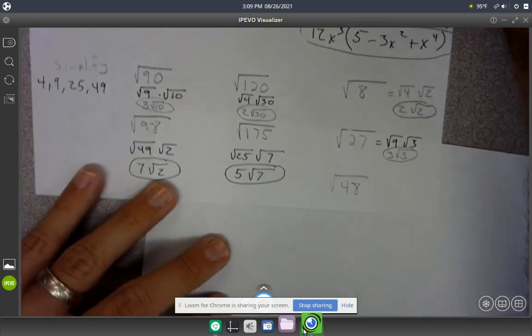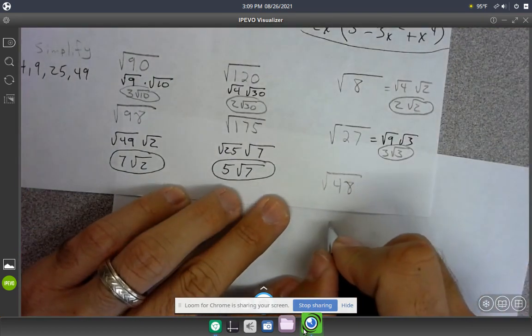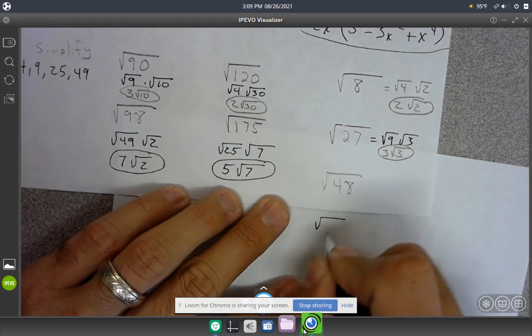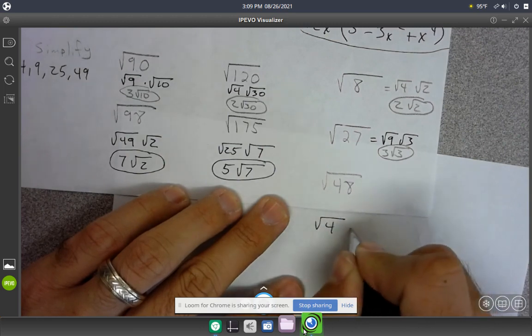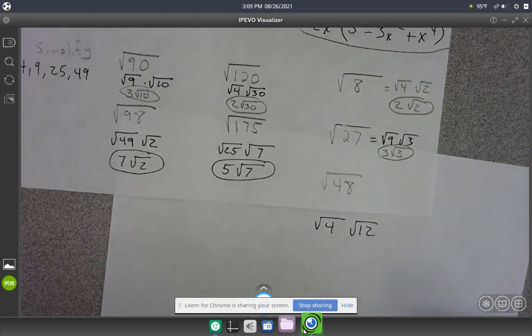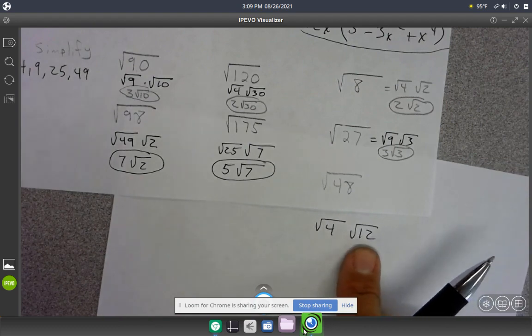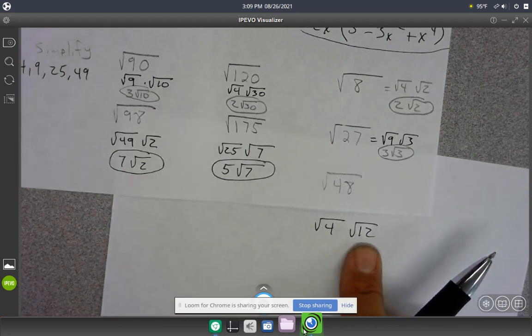All right, so the 48, if you divided this by 4, you're going to get something like this. You're going to get 4 and a 12. So you would say, oh, the answer is going to be 2 square roots of 12. But the 12 still has a perfect square inside of it.